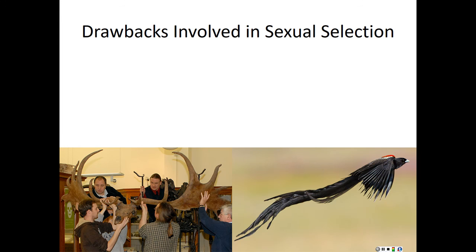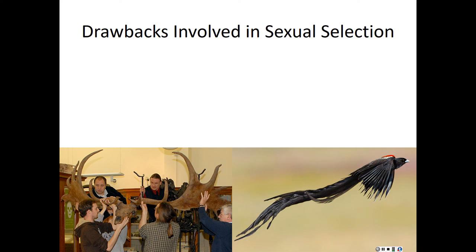So there are some drawbacks to sexual selection. I mean, the obvious benefit to the organism doing it is they get to mate and they pass their genes on, and that is what keeps the trait proliferating. Oftentimes these traits that are sexually selected for involve very conspicuous characters, such as very bright colors, behaviors that make them very conspicuous.